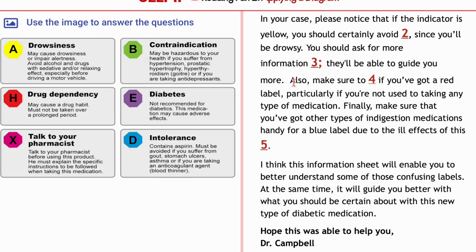So what about 4? Also, make sure to 4 if you've got a red label. So red labels over here, particularly if you're not used to taking any type of medication. Okay. So let's read about 4.